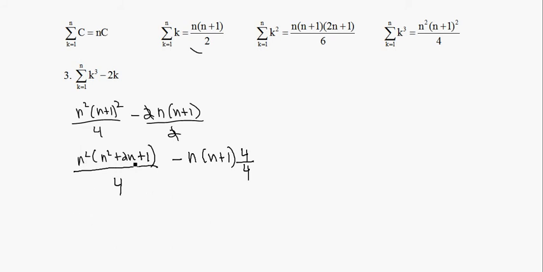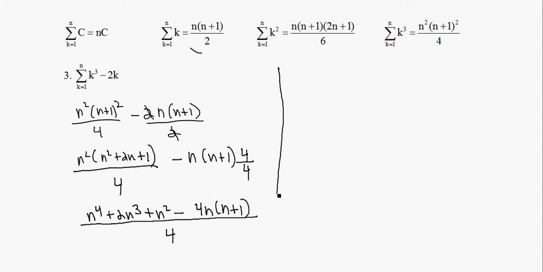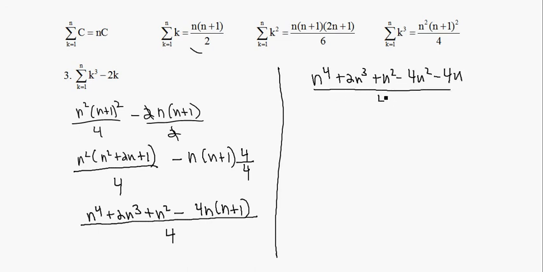I'm going to multiply this n squared through, so I get n to the 4th plus 2n cubed plus n squared minus, I'm just going to put this 4n up front, I'll deal with that in a second, all over 4. So this is done. I just need to multiply that negative 4n, so I get n to the 4th plus 2n cubed plus n squared minus 4n squared minus 4n all over 4.